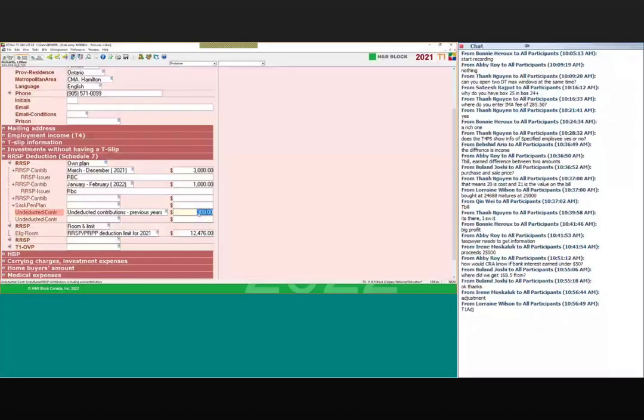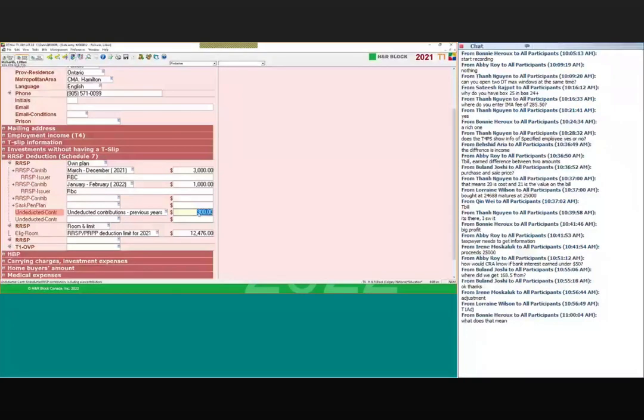Use previous years because we don't know, and put in 300. All right. So the taxpayer does have a choice not to deduct the undeducted contributions. Sometimes taxpayers can do tax planning and save it for another period.